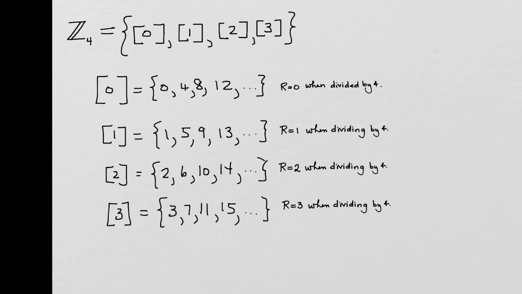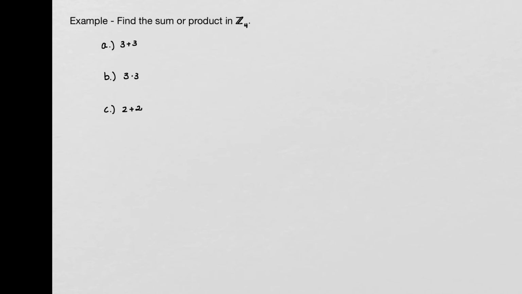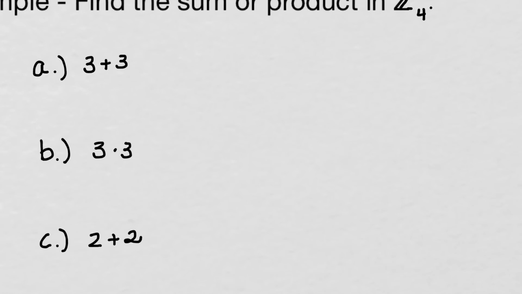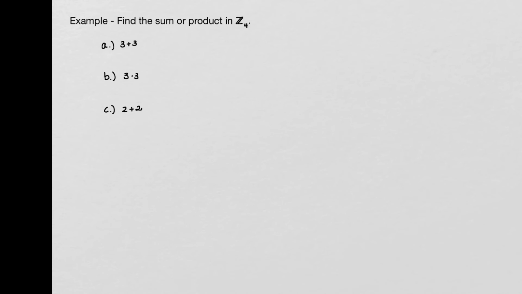So how do I do computation in Z sub n? Let's take a look at an example. Now I want to find the sum or product in Z sub 4, and I'll start with 3 plus 3. I'll do the computation in just the regular set of integers, and 3 plus 3 makes 6.